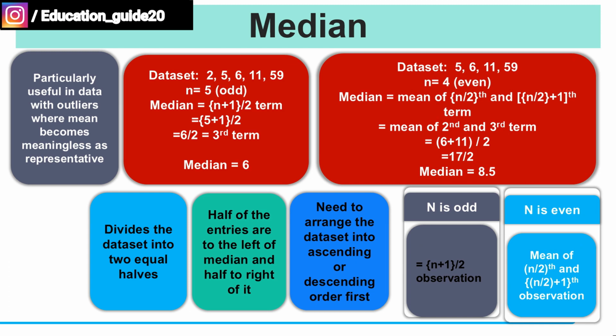In the next data set, the number of entries is 4, that is even. 4 by 2 is 2, that means for the second and third term we have to take the mean. Here the entries are 5, 6, 11 and 59. So the median will be the mean of the second and third term when arranged in ascending or descending order. So the median is 6 plus 11 divided by 2, which comes out to be 8.5.